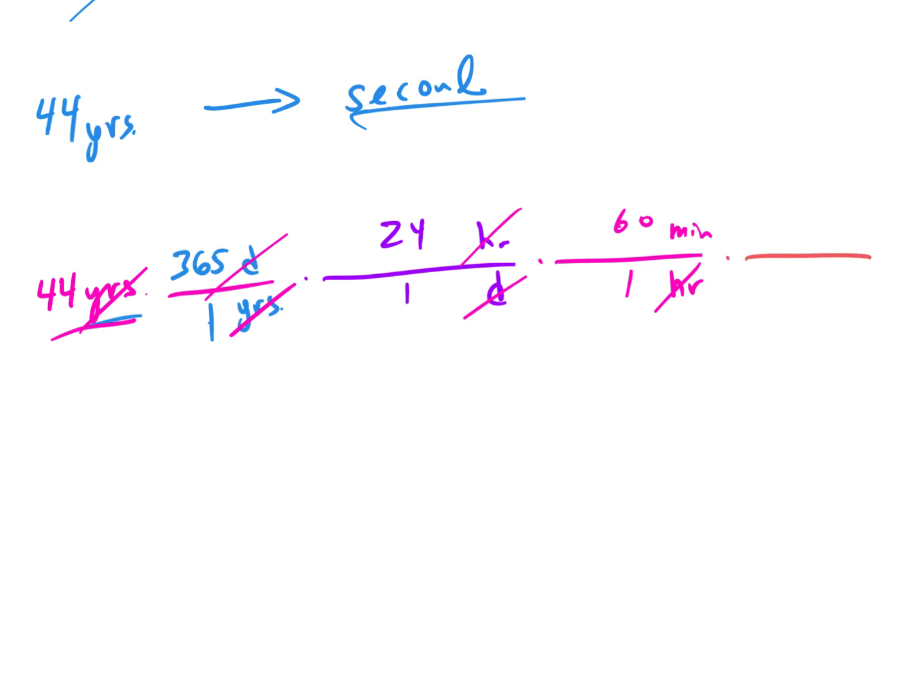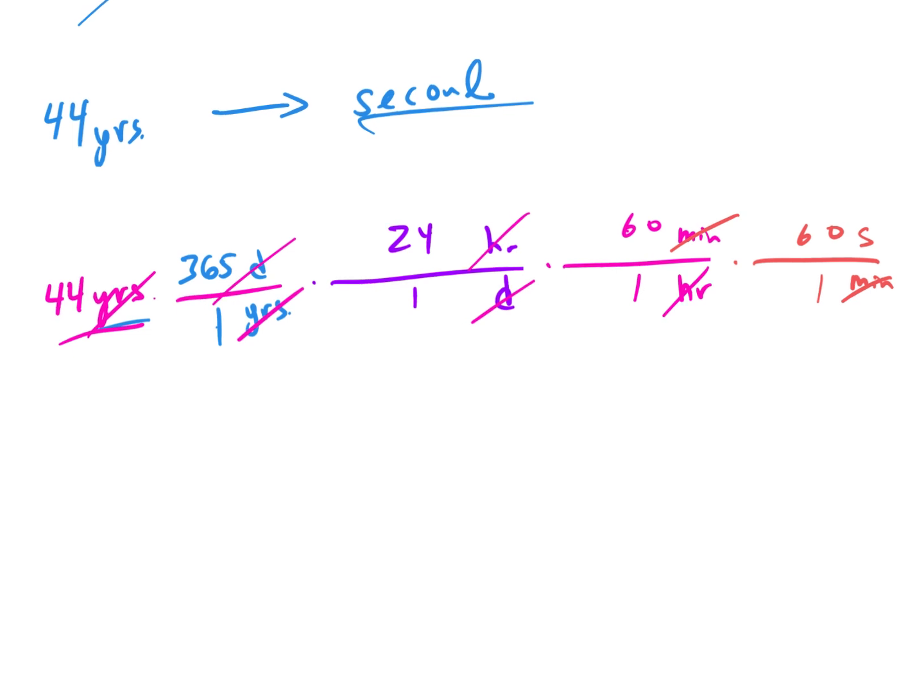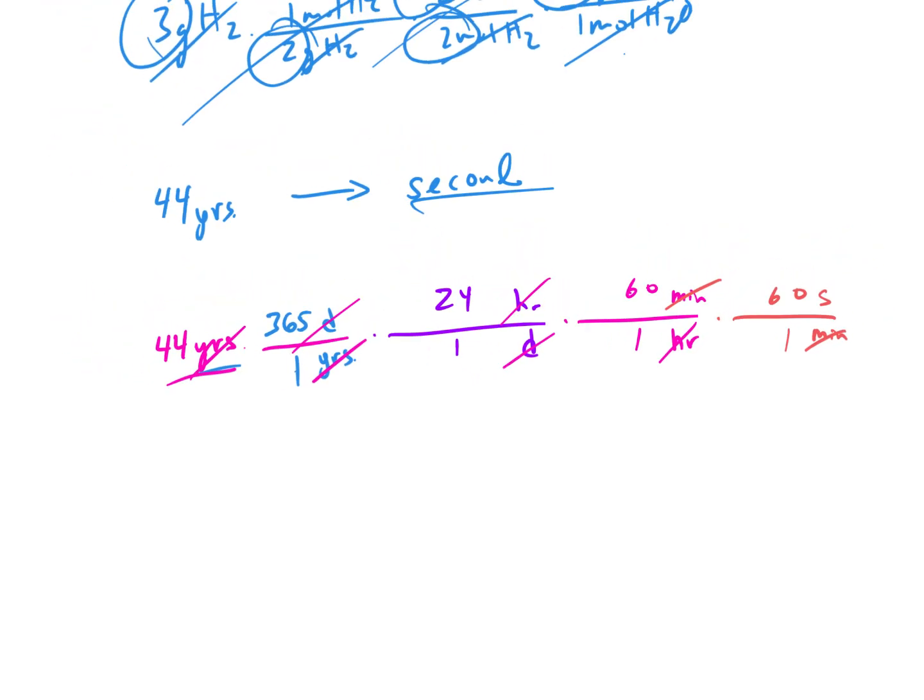Do we want minutes in our answer? No. Minutes to what? 60 seconds to 1 minute, right? So here we just multiply everything. Do we have to worry about the ones? No, when we divide by 1, nothing happens, right? Can we push divide in our calculator and divide by 1? Yeah, we can. If we're not sure, just do it.